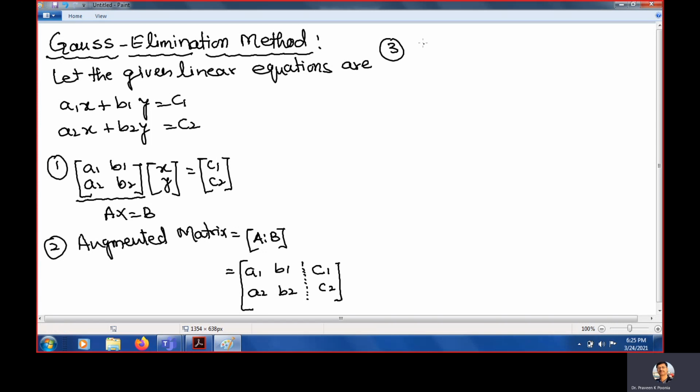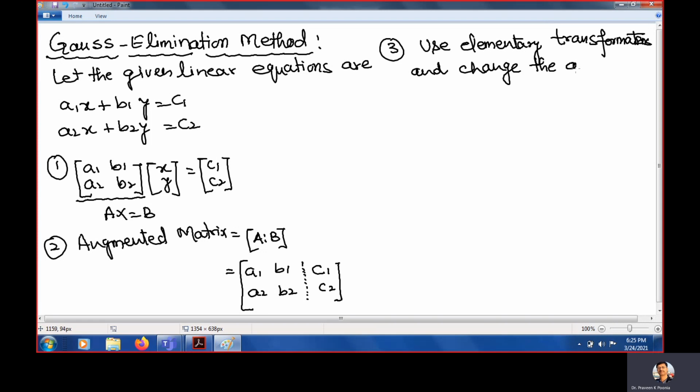Now step number 3, use elementary transformations and change the augmented matrix. In what form are we going to change it?